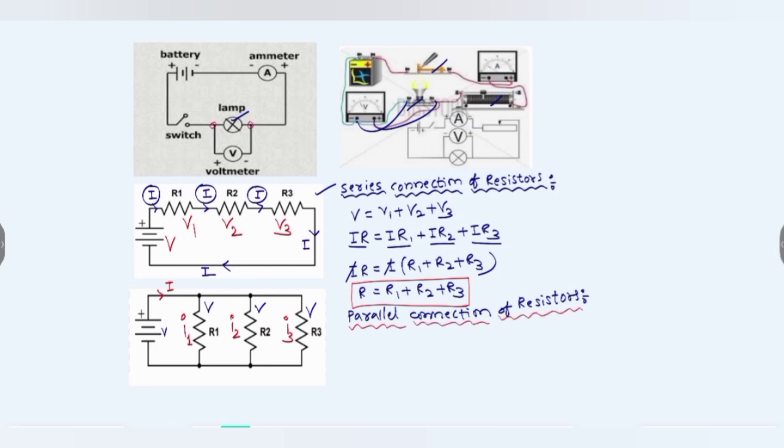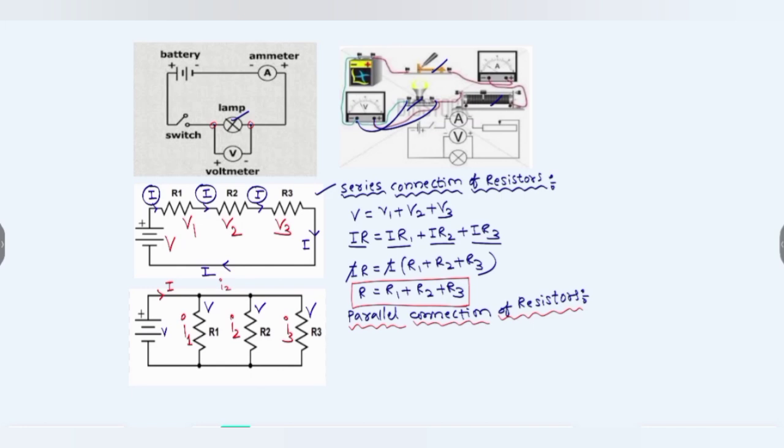What is same here? Voltage is same at every device, but current is divided. After it is coming here, it will be divided as I1 and I2. This side it is I1, this side is I2. Again this I2 will be divided as I2 and I3.